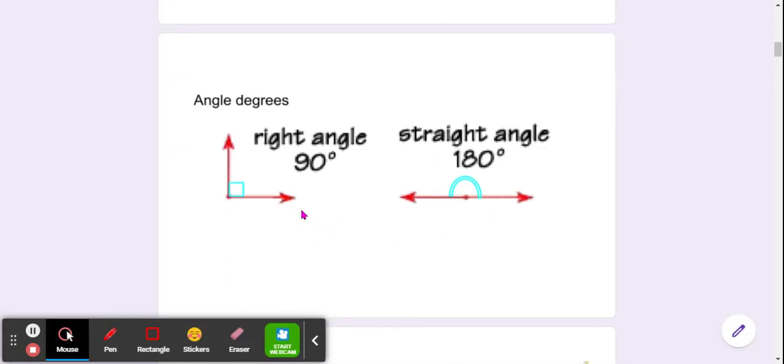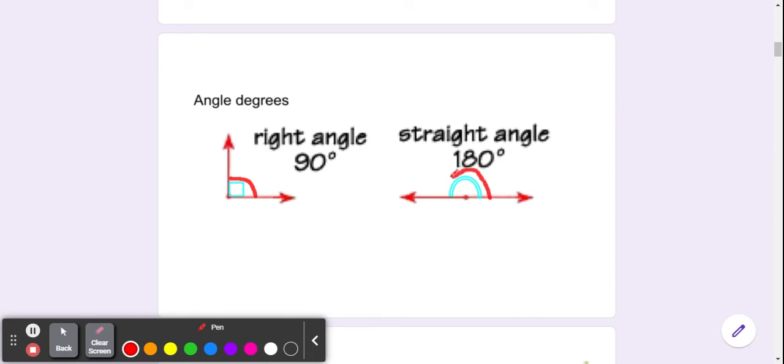Okay. So just remember that a right angle always has this little box right here. And that's a 90-degree angle. So we just measure the degrees. What is the space from here to here? It's 90 degrees. And then the space from here to here, that's why I put that little blue mark there.